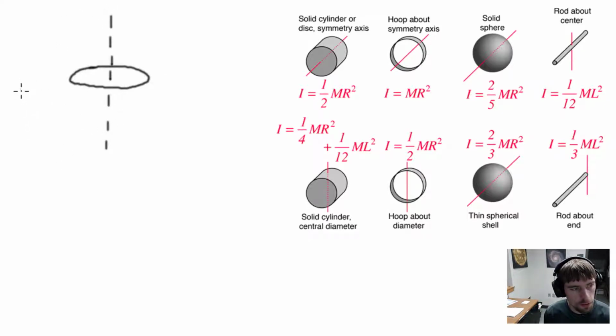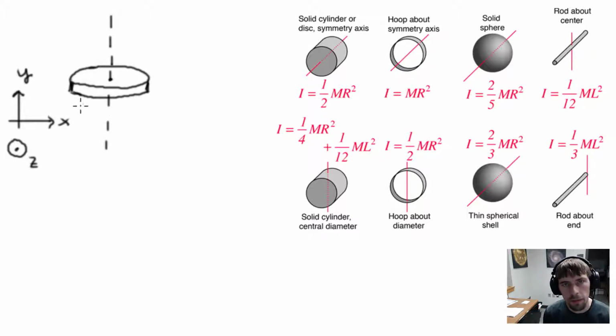Well, we better set up a coordinate system if we're going to do that. So let's call that y, I'll call this x, and we'll call z out of the board. Maybe I'll draw this a little bit more accurately and give this some three-dimensional shape. So it's rotating about an axis through the center.